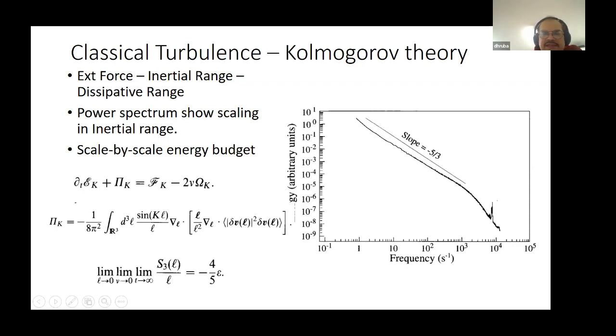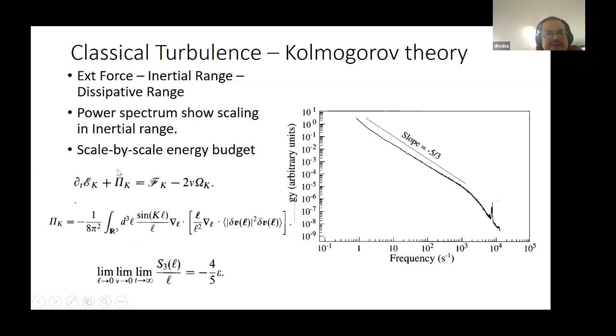The way you try to understand this behavior, the one that you see in the power spectrum scaling, is the idea of a scale by scale energy budget. Here is the script E of K, which is the energy contained in all the Fourier modes from 0 to capital K. And then you ask, how fast does this energy change? The rate of change is controlled by three different terms.